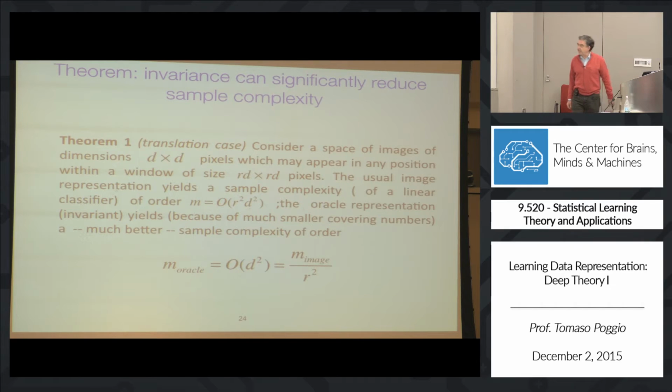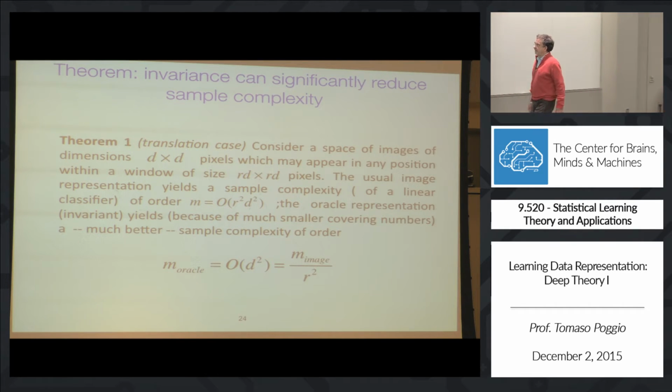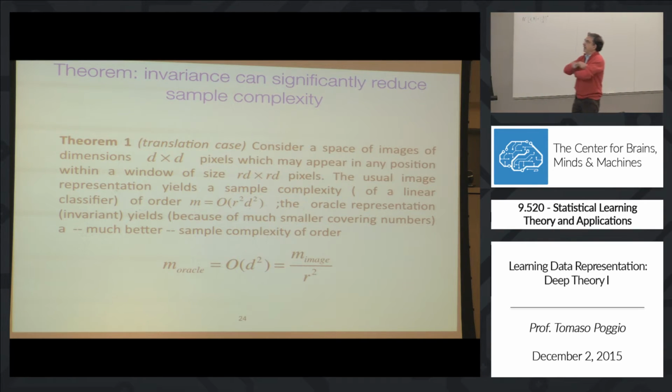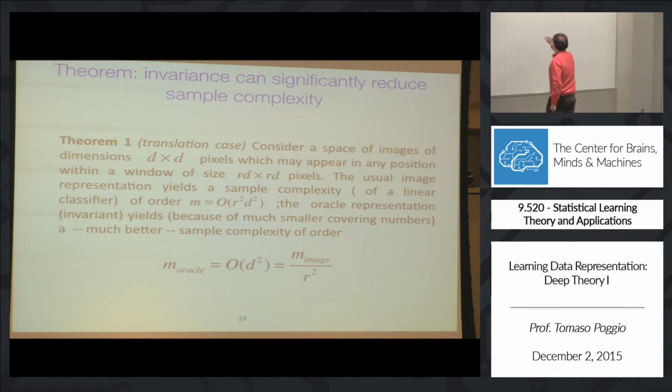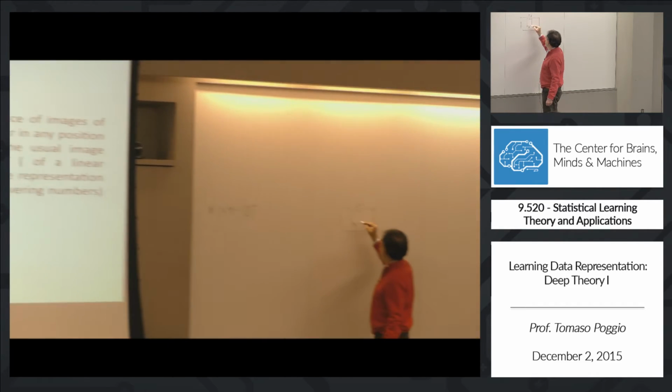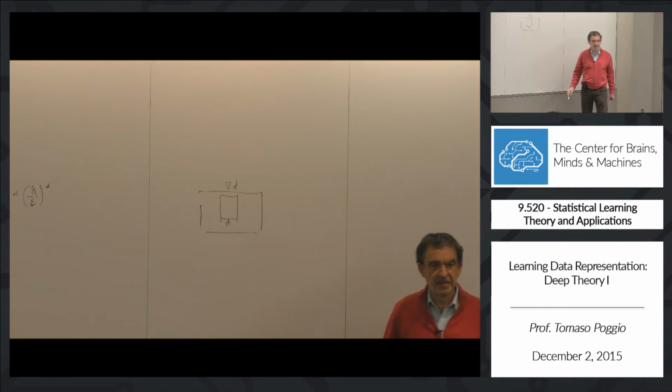And this can be quantified in a theorem that essentially takes a special case for translation in which you assume that you have an image which is d square pixels in size, and it may appear in any position in a window that is Rd, so the image is d by d pixels.